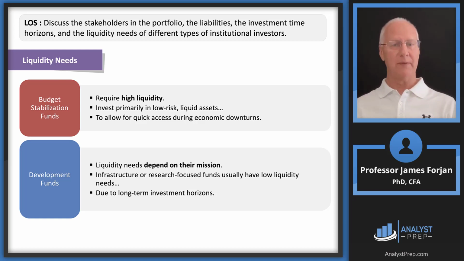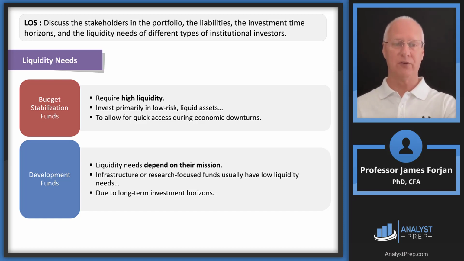Development funds, the liquidity depends on their mission. So you'll probably have a sentence or two inside of the question stem that would lead you to suggest, hey, this is low liquidity, this is moderate liquidity, or this is high liquidity. But lots of these have low liquidity. So tend to the low liquidity side unless there's something to indicate that there are high liquidity needs.